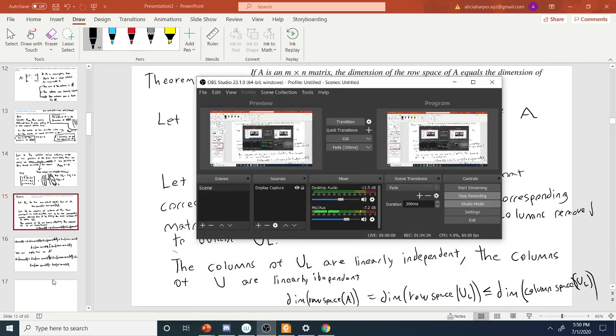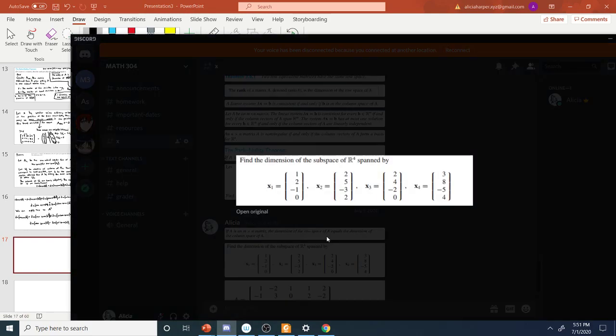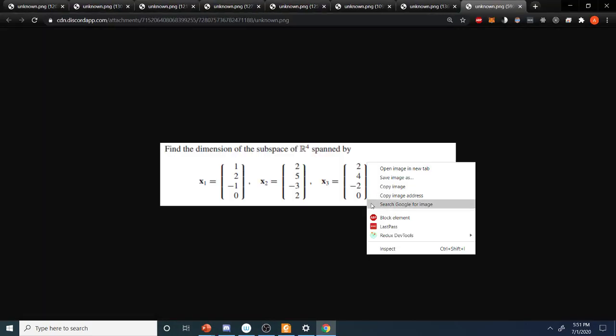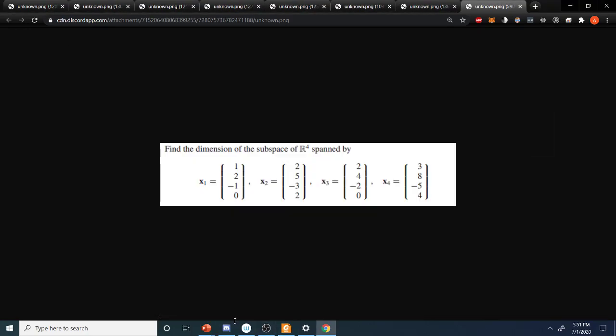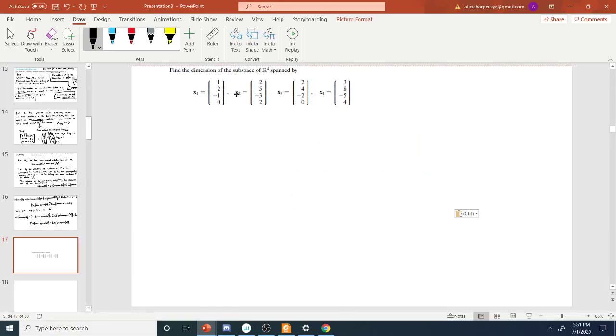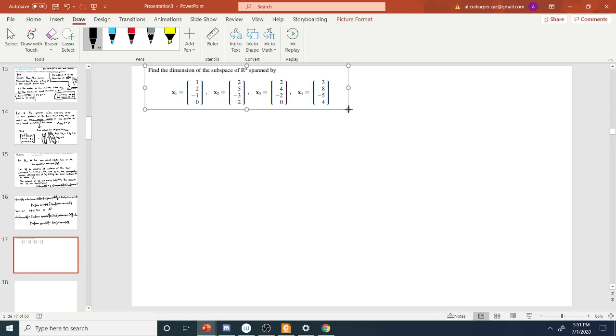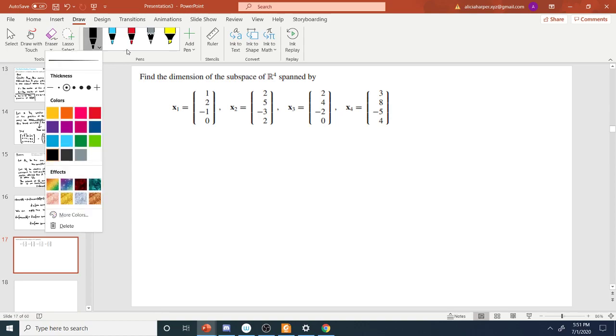All right, now let's do some examples. So let's consider this problem. We want to find the dimension of the subspace of R4 spanned by these 4 vectors. One way to do this is to group these 4 vectors into a matrix.